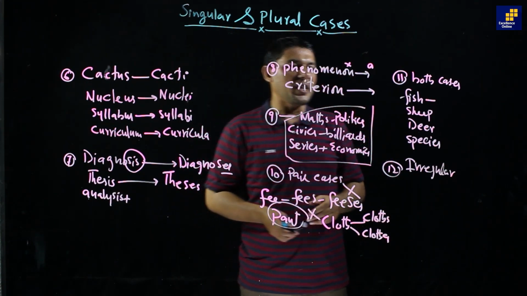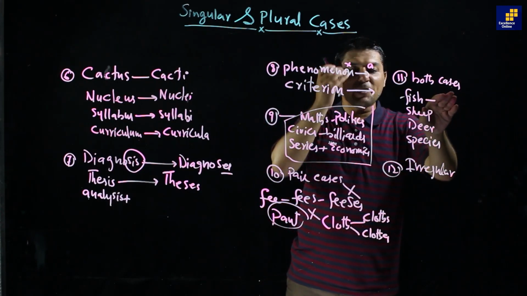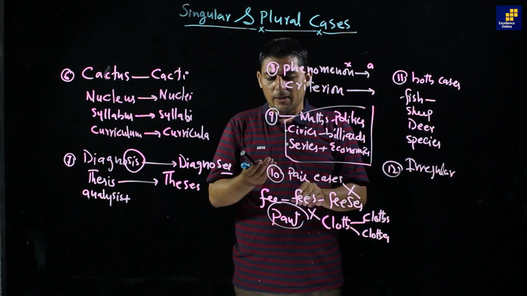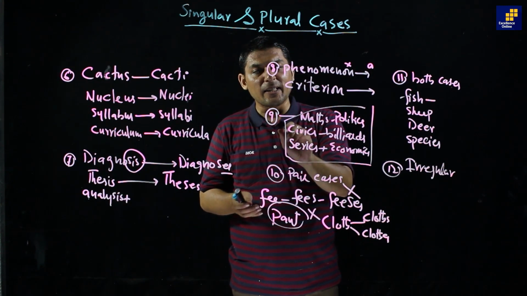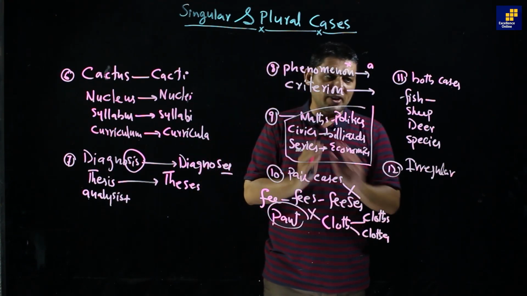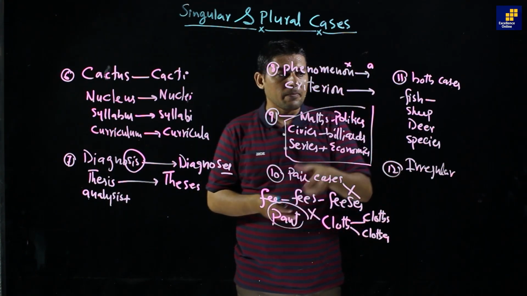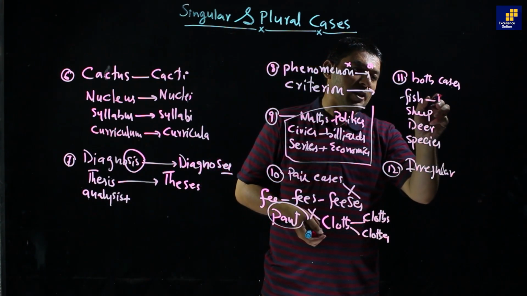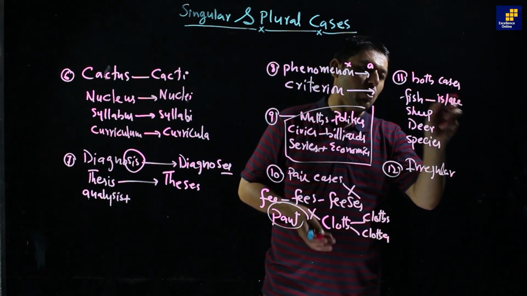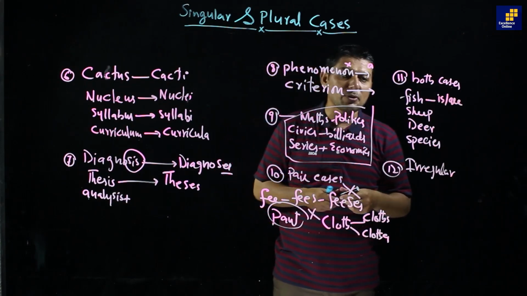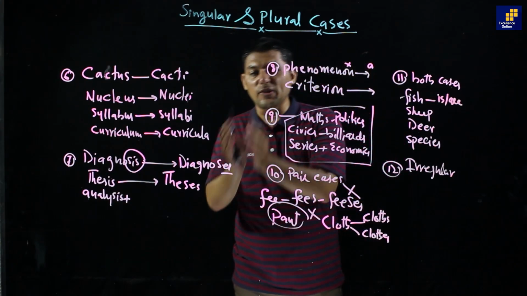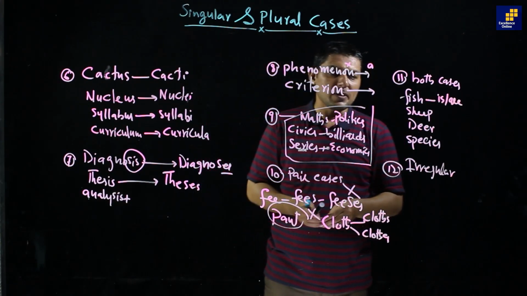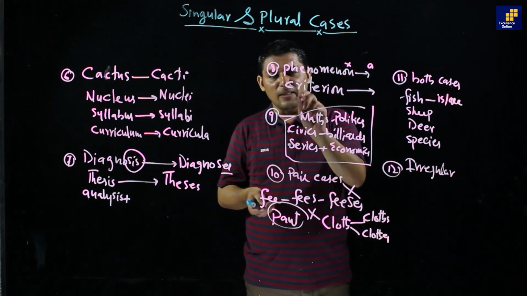Number 11 case we have. In 11 cases we have certain nouns. They are singular and plural without any changes. Example is fish. According to the sentence, fish is and fish are. Both are right, both are correct according to the sentence. Similarly, sheep. Sheep, if we have one, is.